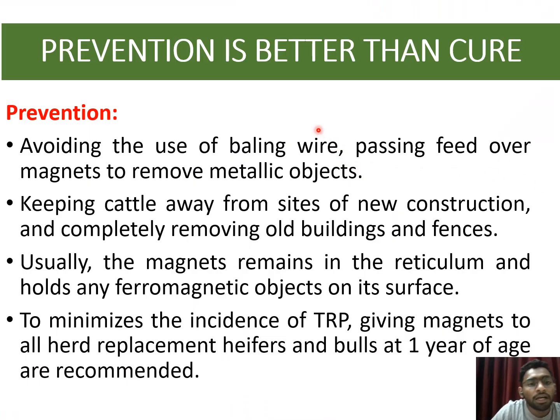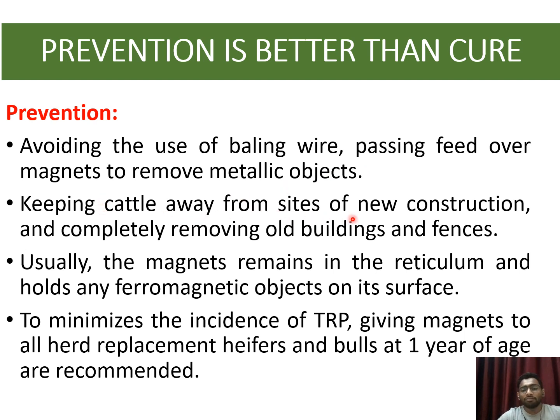So last, prevention. We know the great proverb, prevention is better than cure. So how can we prevent TRP? Avoid the use of baling wire, and pass feed over magnets, so that whatever metallic objects are in the feed get attracted to the magnets, and metallic-object-free feed can be fed to the cattle.